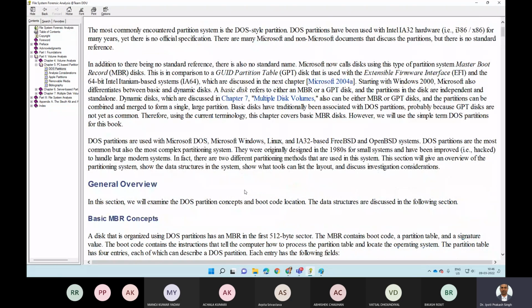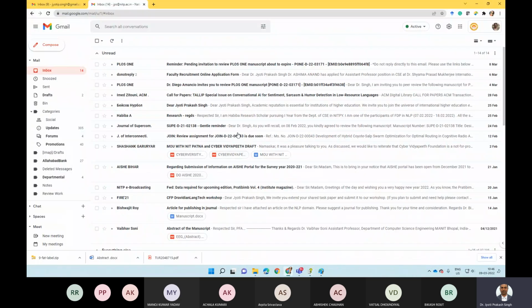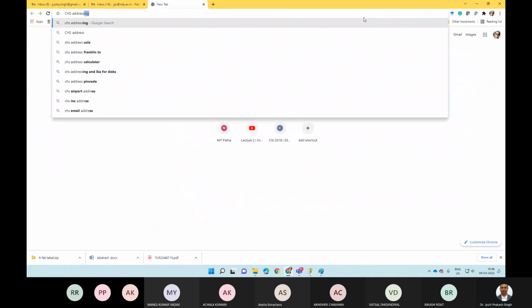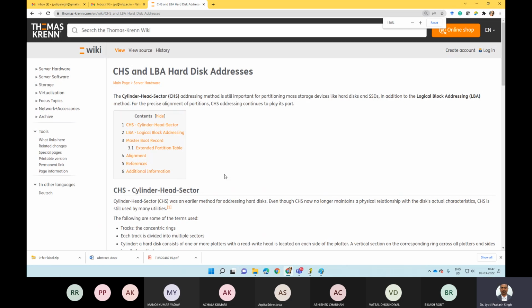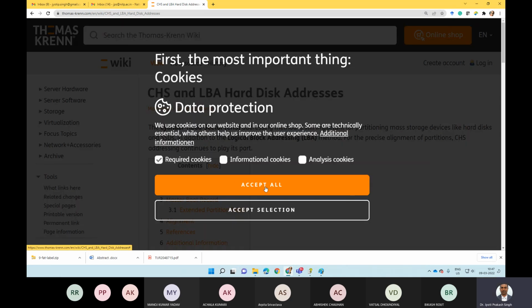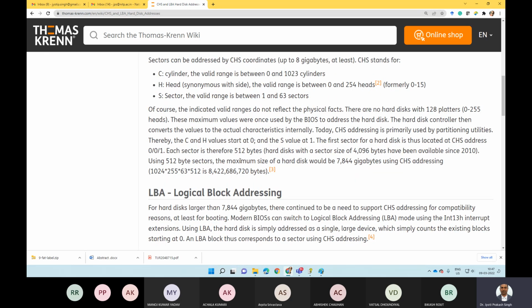CHS address. So this is what, there are no hard disks with 128 platters.